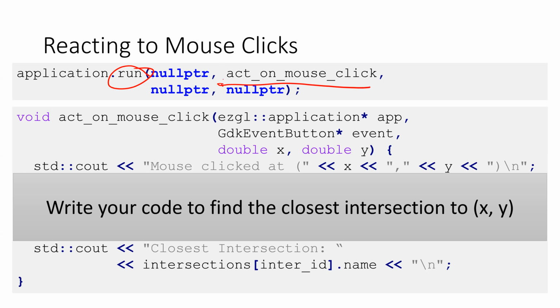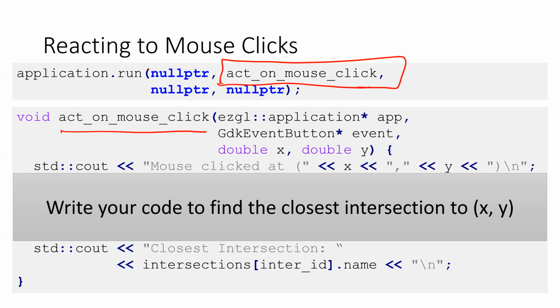But the second one is basically a function that will be called when the user clicks a mouse in that main canvas, the area where you're drawing the city. So if the user clicks a mouse there, the function that you registered will be called. The function that I registered is called act on mouse click.